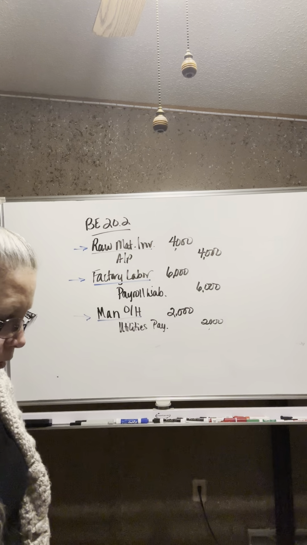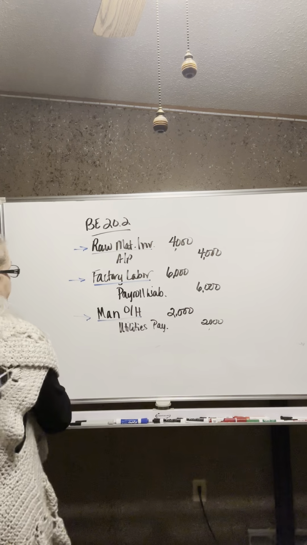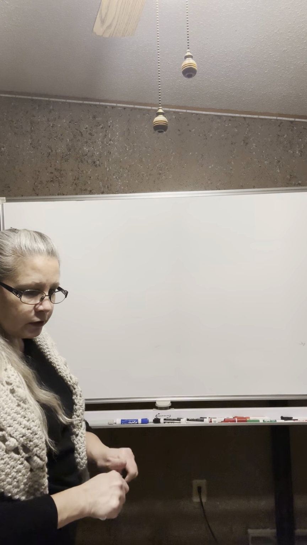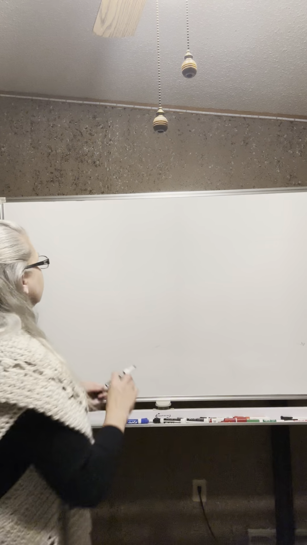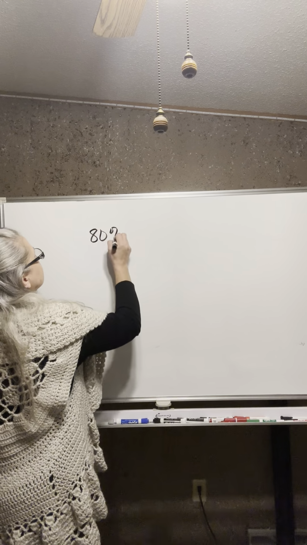So that being said, I'll show you how they calculated it. We just followed through the exercise in the book, and we're going to use the predetermined overhead rate of 80% of direct labor cost or direct labor dollars.